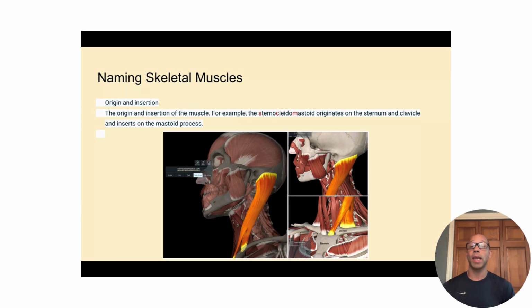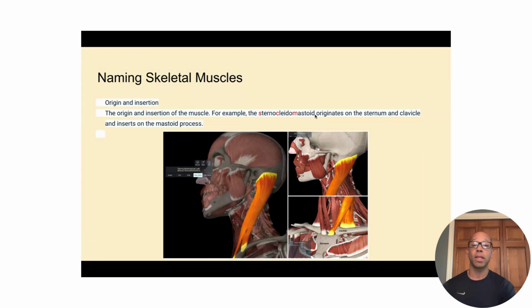sternocleidomastoid. And the sterno means it has a sternal head. So the sternum, which is right in the center, the breastbone, is where one of the heads attaches. Cleido means clavicle, basically. So one of the heads attaches to the clavicle, and you can see down here the sternal head and then the clavicle head on the bottom right-hand corner.